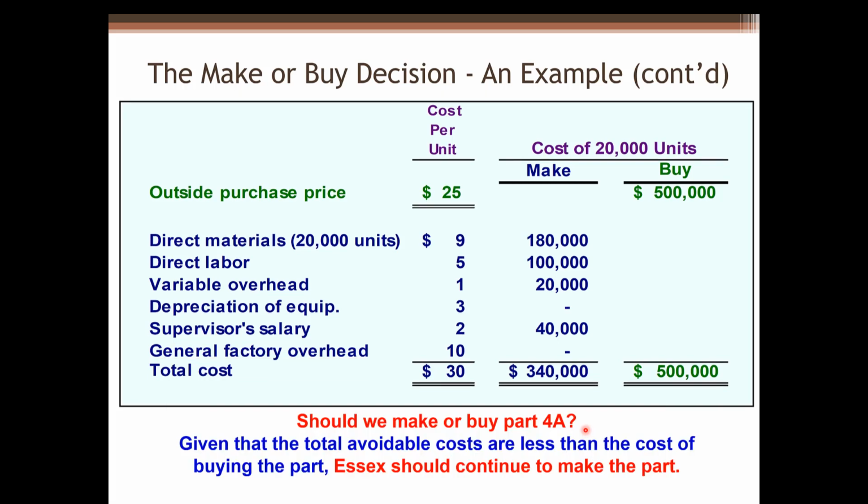So back to our decision, should we make or buy Part 4A? Total cost of making 20,000 units of Part 4A is lower than the cost of buying. If Essex makes 20,000 units, it can save $160,000. So Essex should continue to make the part.